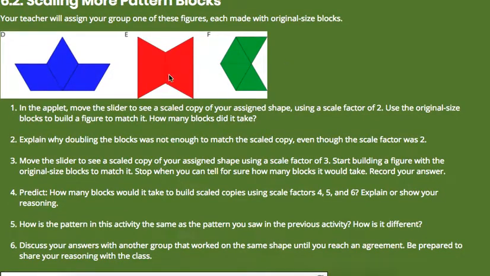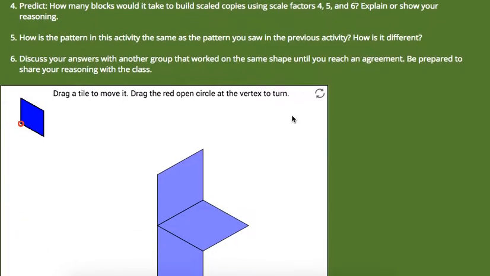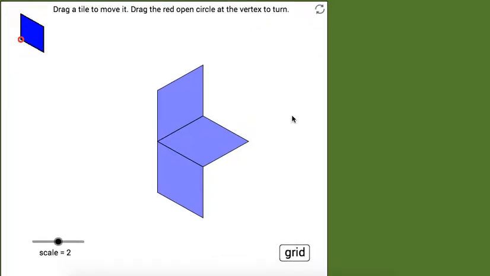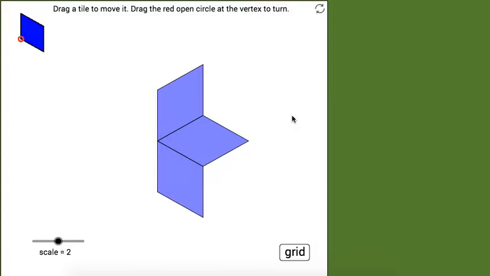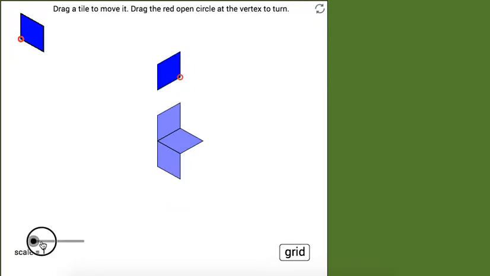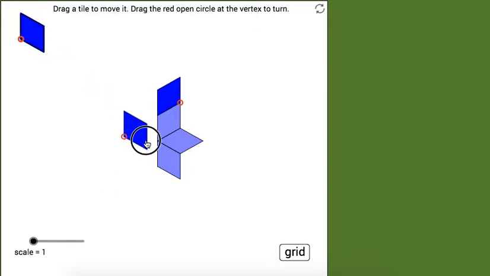So looking at these. We want to try to make this into something where every side length is twice as long as it was before. So let's turn this. It was 4. So it was 2, now it's 4.